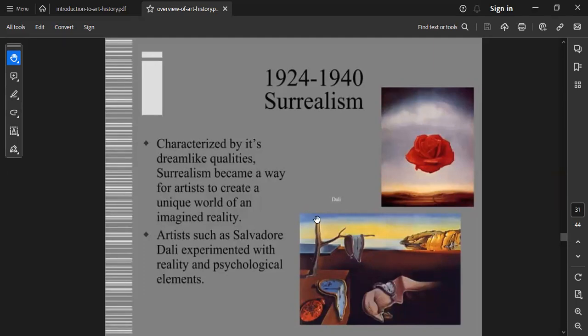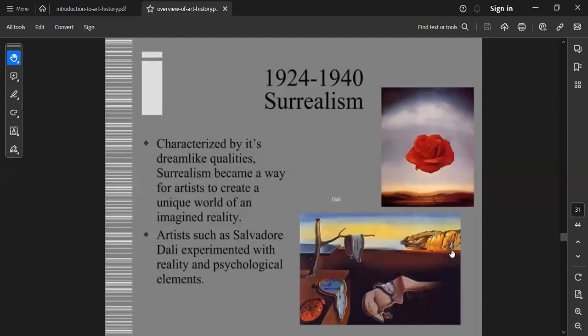You can see the sky is yellowish, not bluish, which tells that the ongoing situations are not very good, not very much in favor of the people. So the painting talks about the scenario of that particular era. Again, you can see the year is 1940, Second World War, 1939.